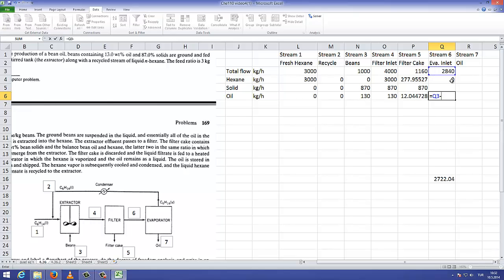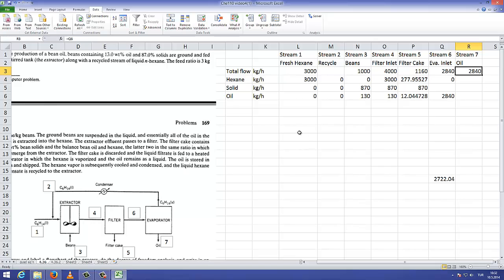I'm going to take the difference of the total inlet and the recycle amount that is found, which is in the evaporator, guessed by the solver. Okay, and the oil amount should be equal to this. Correct. Because the oil amount in the evaporator inlet will be removed.